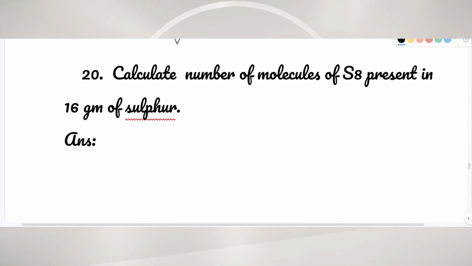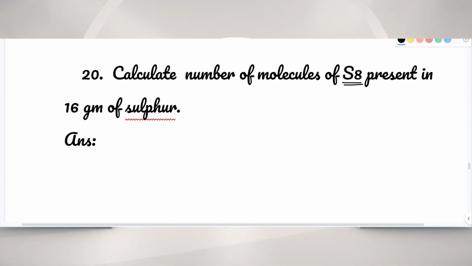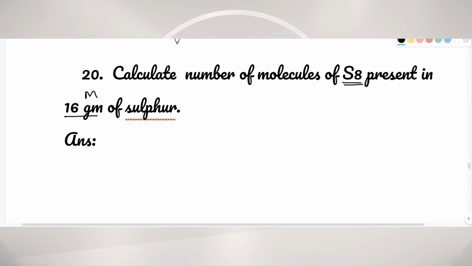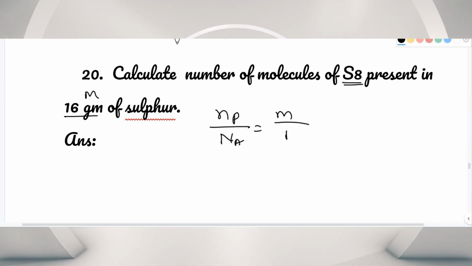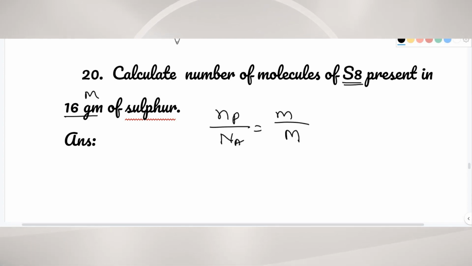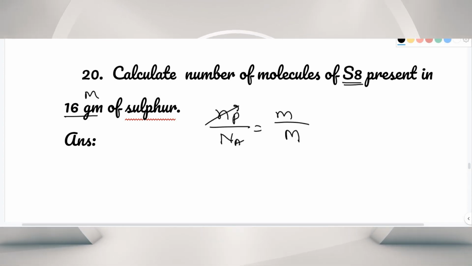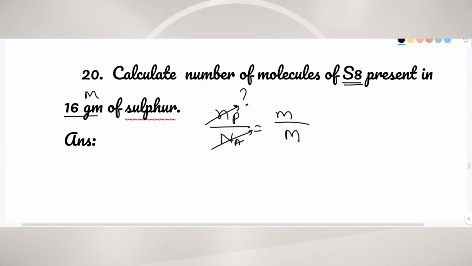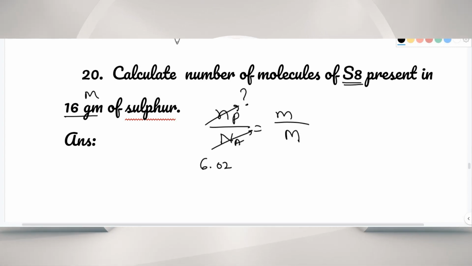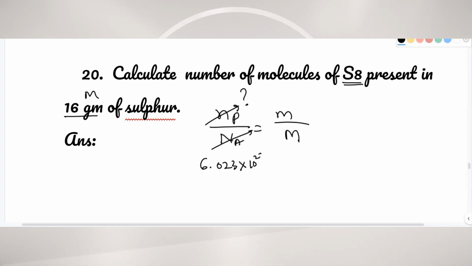Calculate number of molecules of S8 present in 16 grams of sulfur. Wonderful question. Number of particles by Avogadro number is given mass by molar mass. Number of particles means number of molecules is what we are supposed to find. Avogadro number, you know, 6.023 into 10 to the power 23.